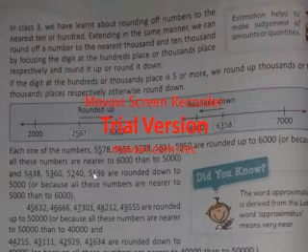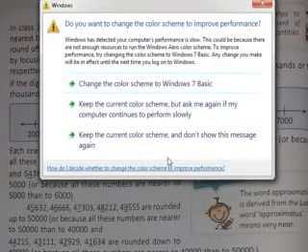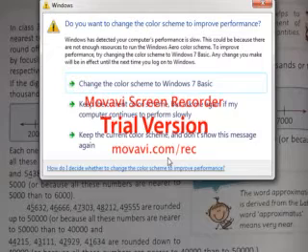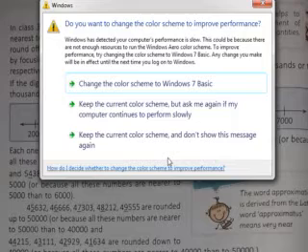Or because all these numbers are nearer to 6,000 than to 5,000. You should understand simply what nearer means. When we say that your home is 25 kilometers far from school and my home is 30 kilometers far from school, then who is nearer to school?